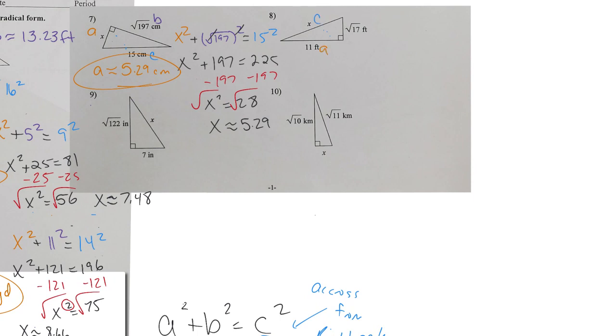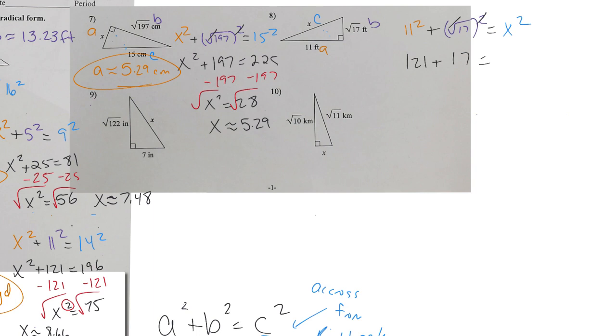A we'll call 11, even though it doesn't matter, I could call that one B. B we'll call radical 17, even though, like I said, you can call that one A. So I end up with 11 squared plus the square root of 17 squared equals C squared. And we'll just say it's X. Now I evaluate. So I have 11 squared, which is 121, plus, remember, those two cancel.